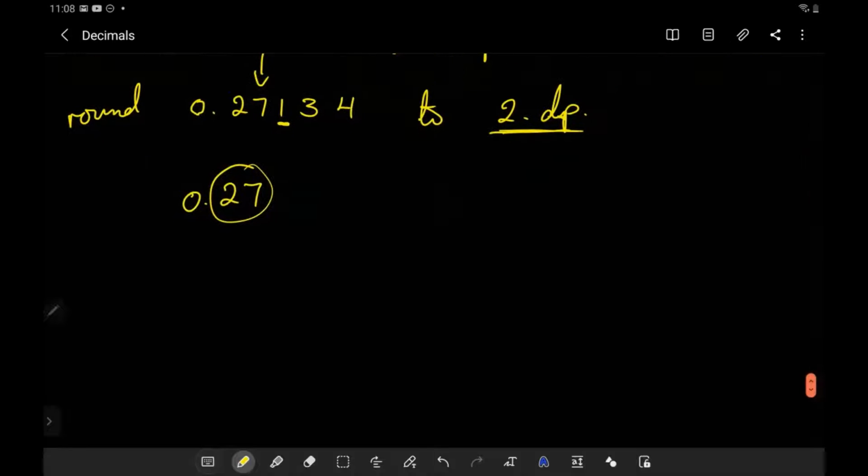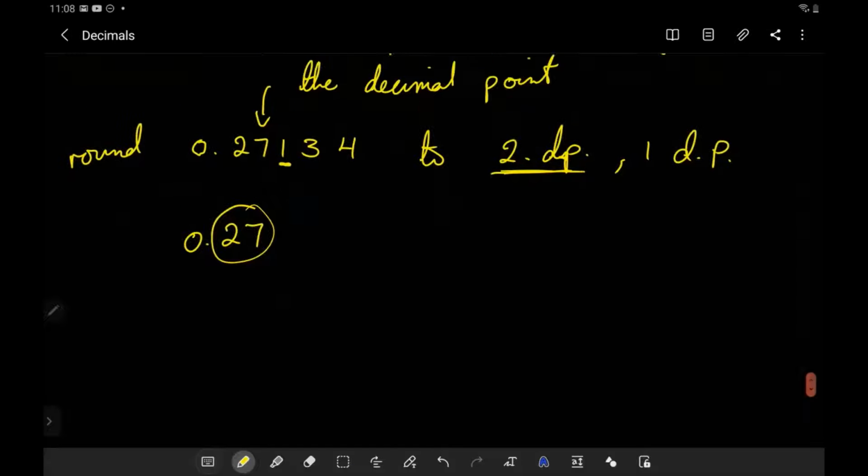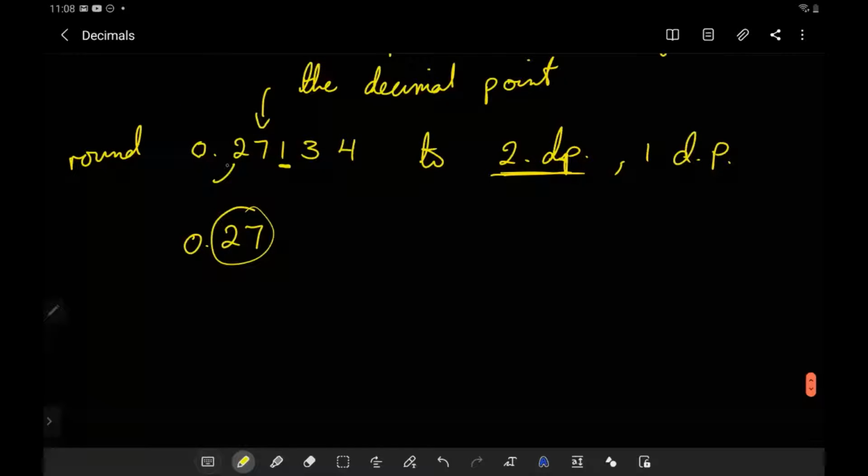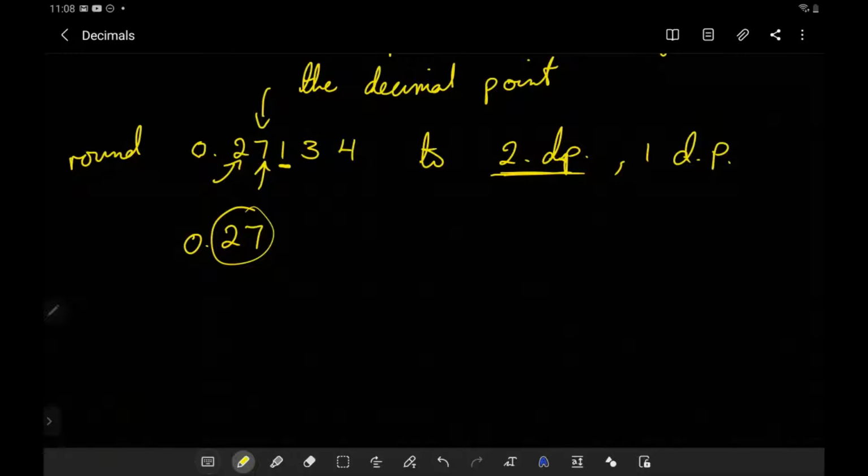If I was to round the same number to 1 decimal place, what would I get? Well, I look at this number, which is 2, and is 7 greater than or equal to 5? 7 is bigger than 5, yes.